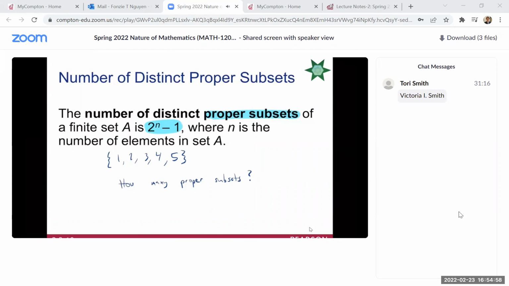I think you're right. Let's see. It would be n is 5, right? Because there's 5 elements. So it'd be 2 to the 5th power minus 1. That's going to be 32. Minus 1 is 31 proper subsets.